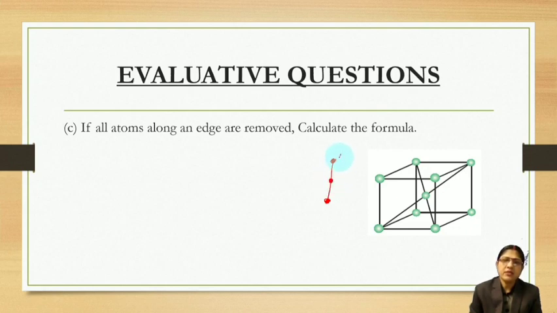That means here corner atoms A and edge center, that is C. So only these 3 atoms are removed. Then similarly we have to follow the same procedure. Write A, B, C, D. Right. Then initially.